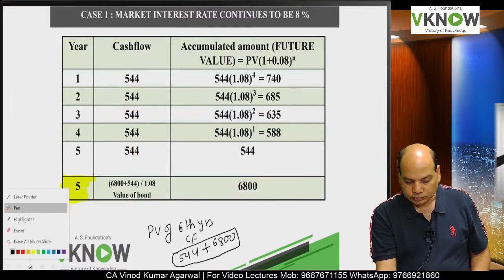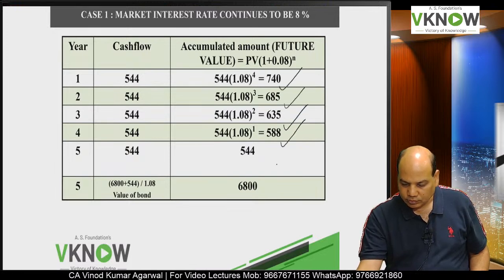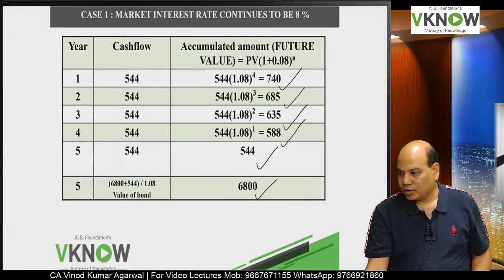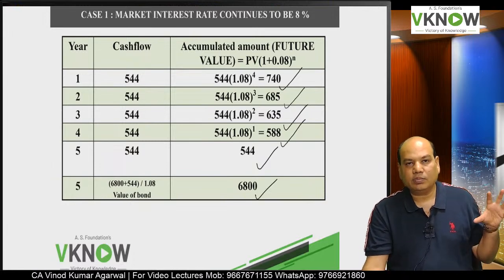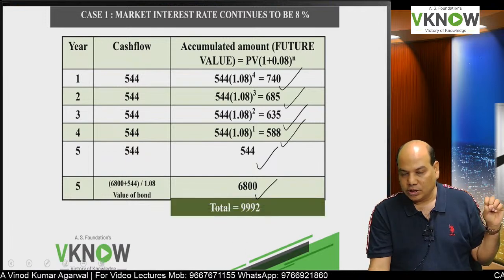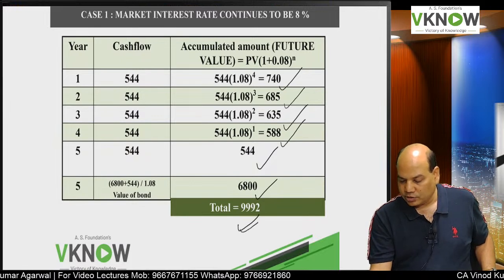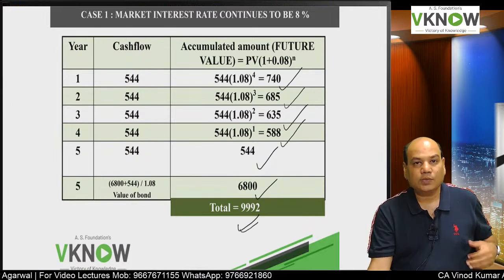6800 only. Now you add this. That will give me the amount at the end of the 5th year, and I will use that money to pay my liability. So this is coming to approximately 9992, and I have to pay 10,000.